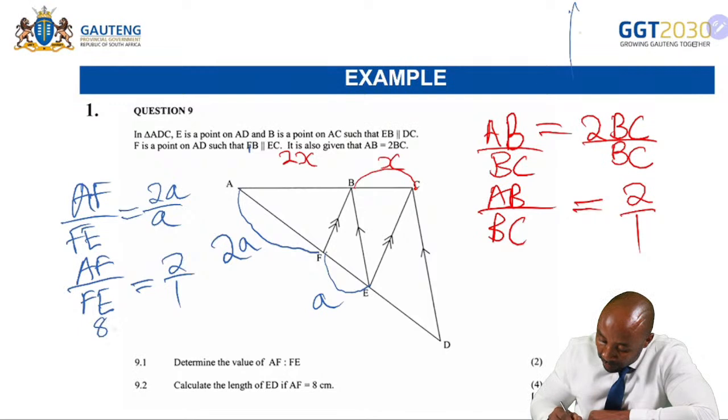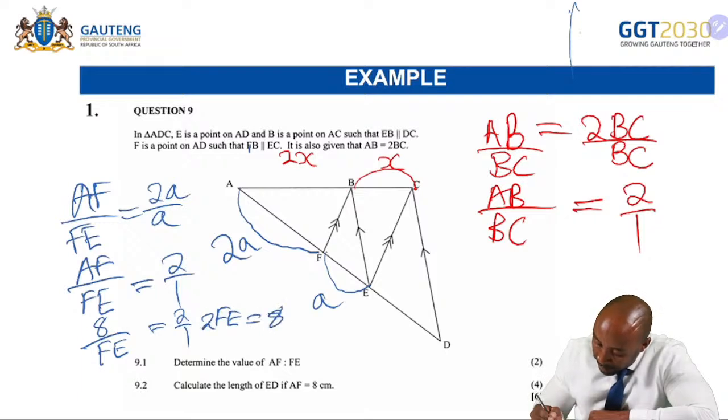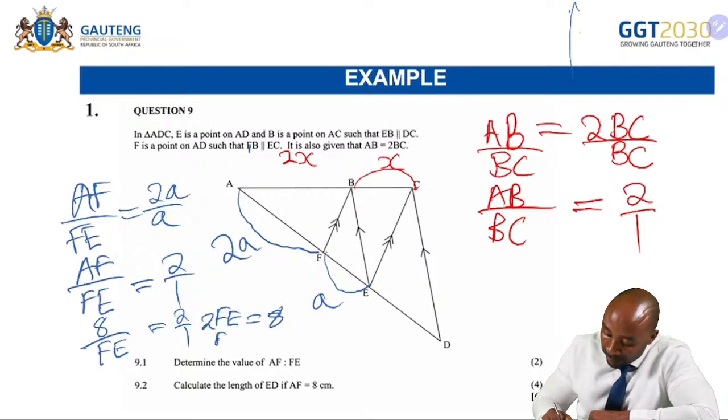My AF will be 8, my FE there, and then I have my 2/1. I can cross multiply and get 2 times FE will be equal to 8, and then I'm able to get my FE as 4.